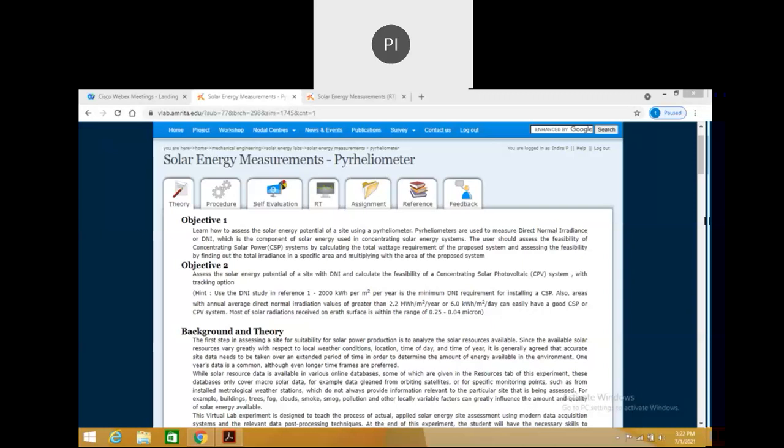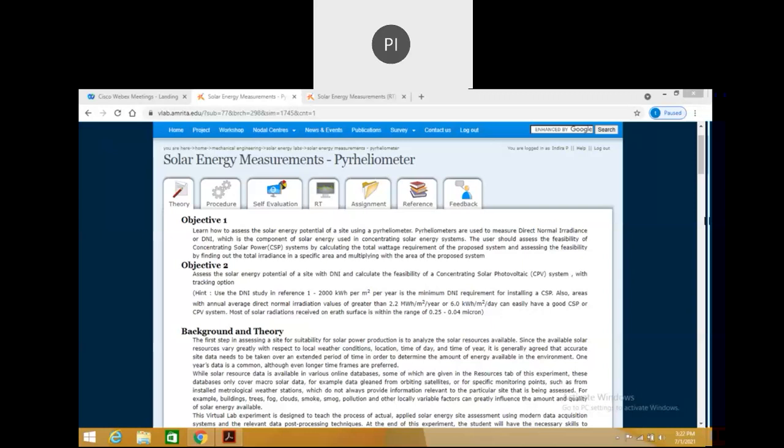In that particular area, how much total energy is absorbed by the solar devices, solar flat plate collectors or whatever devices. If maximum absorption is there in that site, then automatically we can place the concentrating solar power plants.